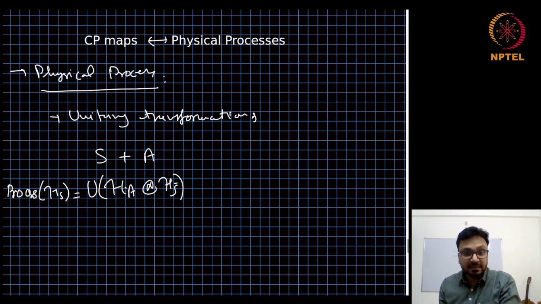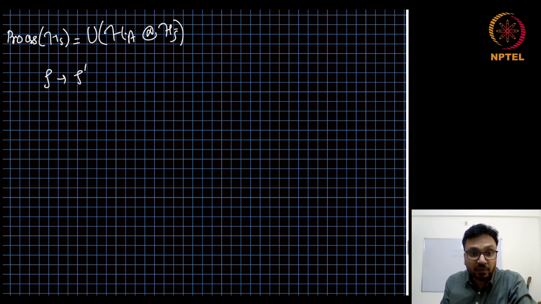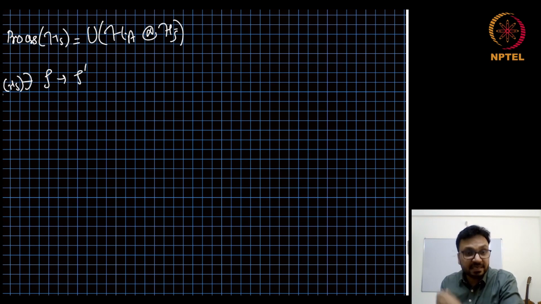What I mean is, if we have a dynamics or a process which takes rho to rho prime, where rho belongs to the set of operators acting on HS, then rho is a state of system S. The process takes rho to rho prime.